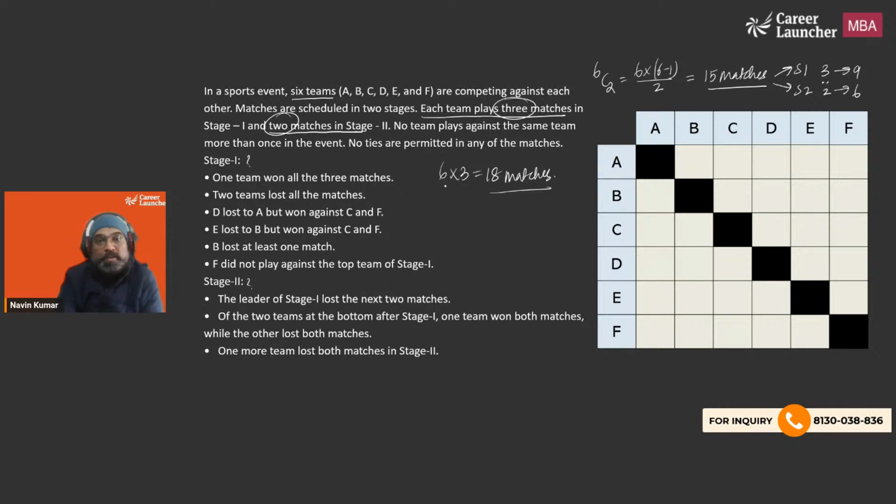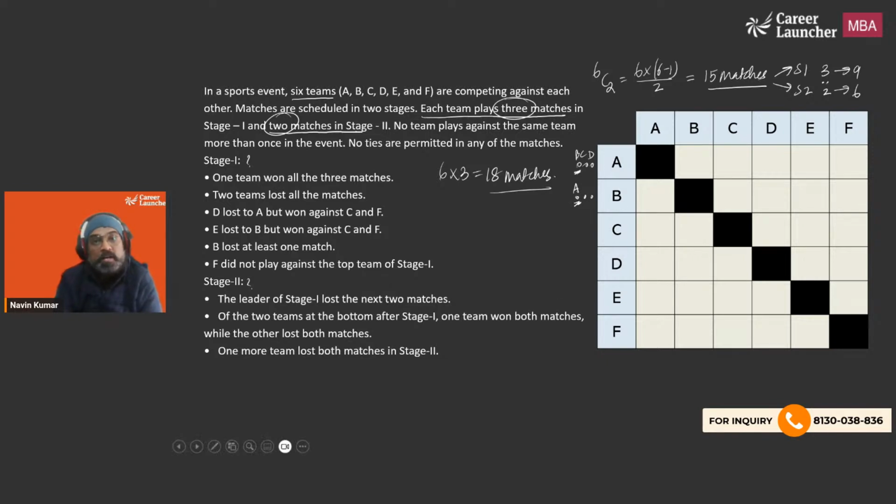But when we look at these 18 matches, we need to halve the total. Why? Because when I say A is going to play 3 matches, suppose A plays against B, C, D, then B is also going to play against A, because that is also counted from B's perspective, right? So these 2 matches, A versus B and B versus A, are counted twice.